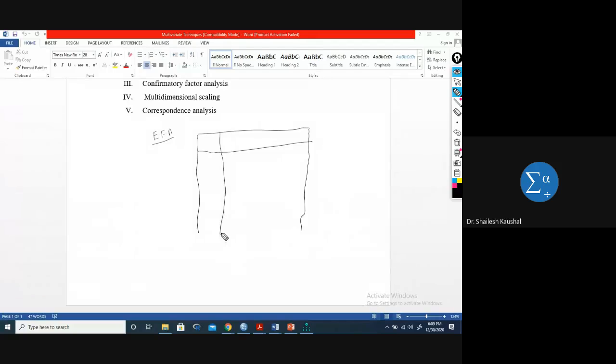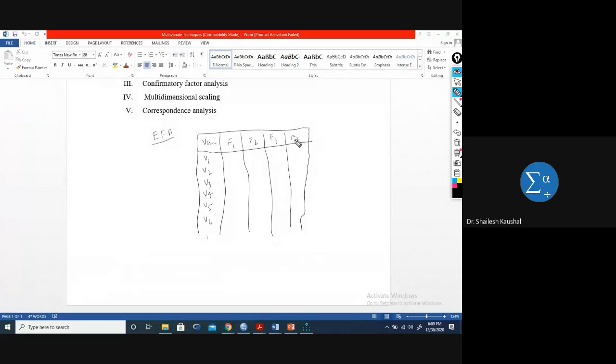Here we can see the variables v1, v2, v3, v4, v5, v6 and so on, which are basically the questions, and these are the factors f1, f2, f3, f4.